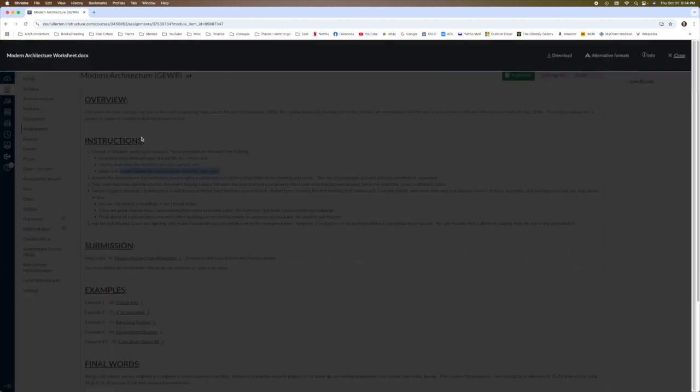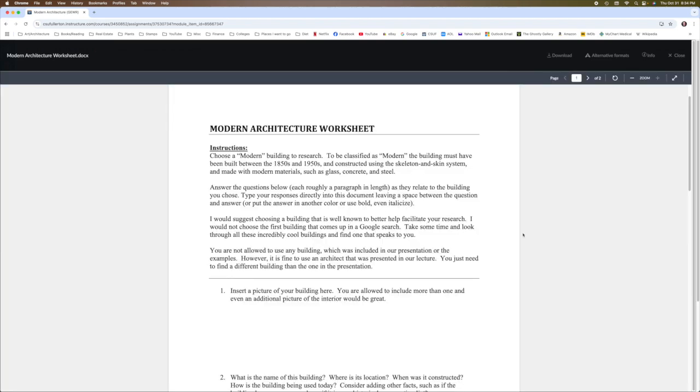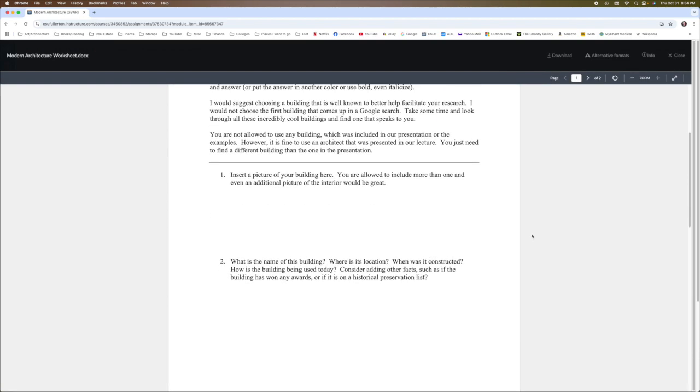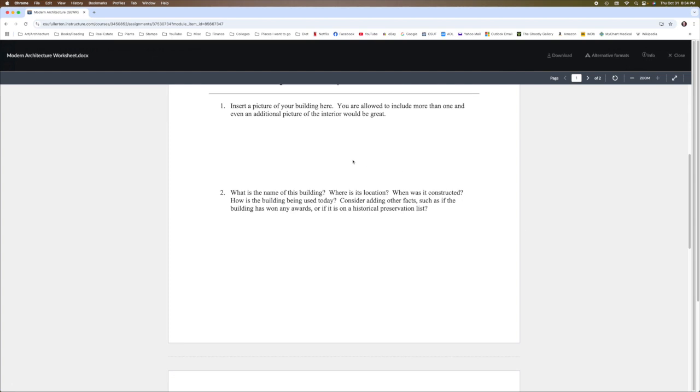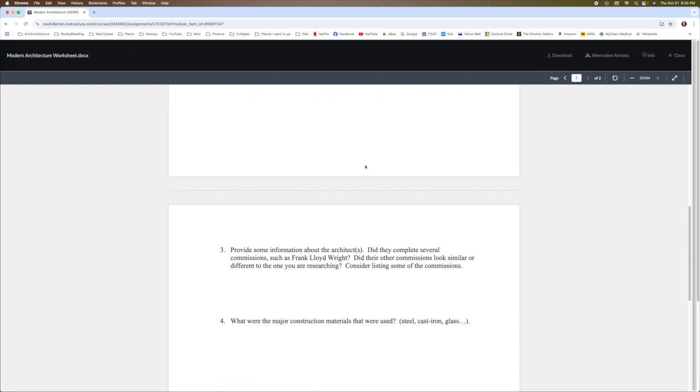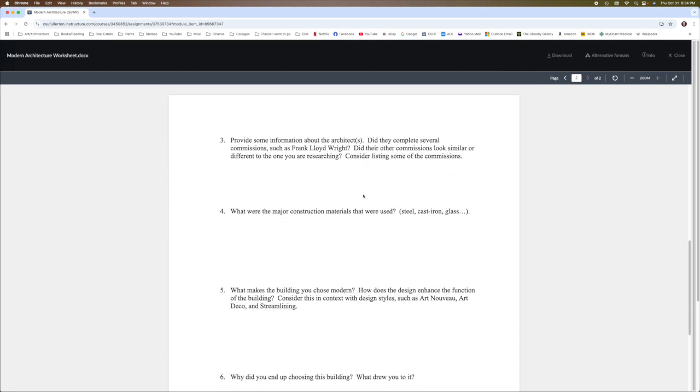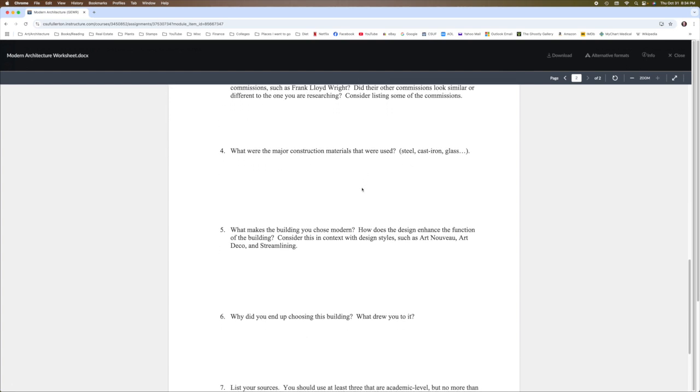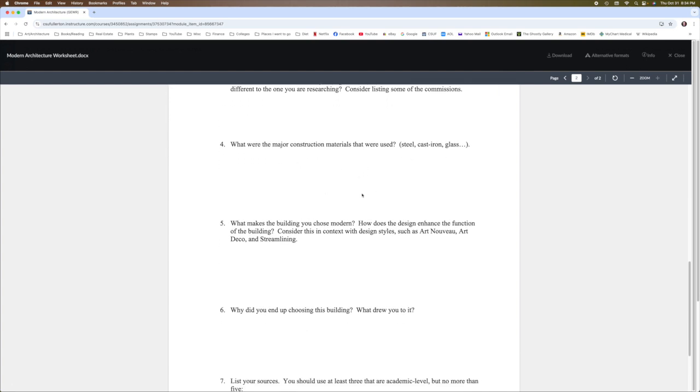The modern architecture worksheet tells you all the rules of what is a modern architecture structure. You're going to include a picture, or you can include a couple of pictures here of the building. Question 2 asks about all the facts: the name, the location, when it was constructed. Question 3 deals with the architects. Question 4, the major construction materials.